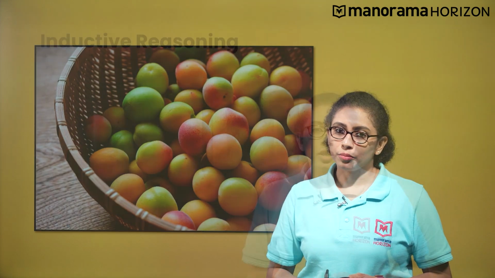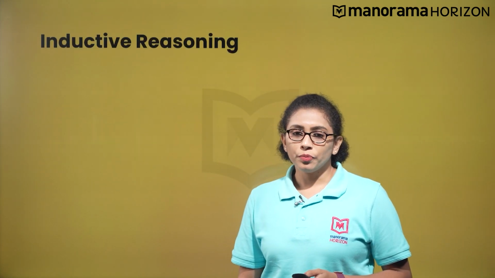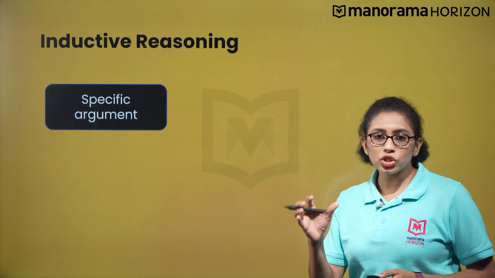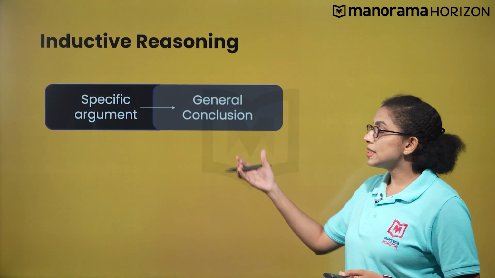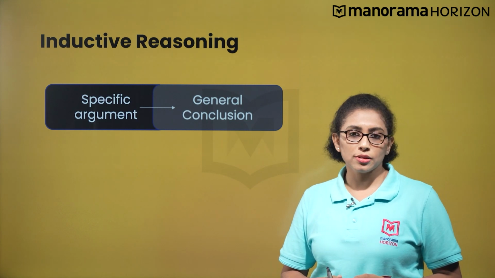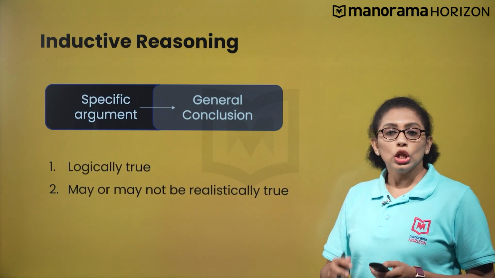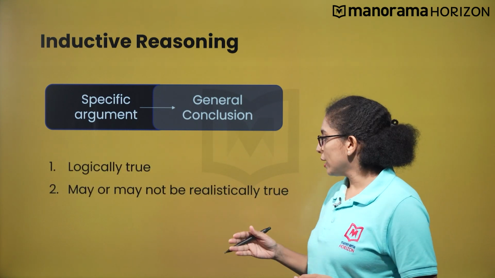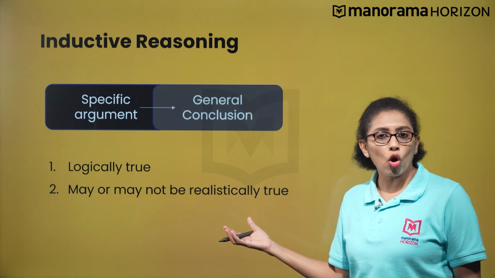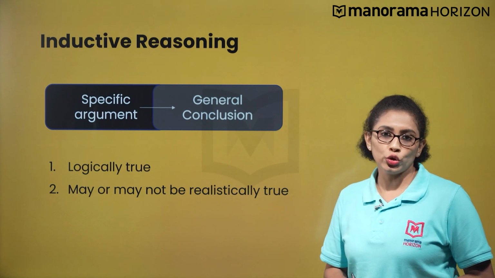This approach of reasoning from specific to general is called inductive reasoning. In inductive reasoning, a general conclusion is drawn from specific arguments. Inductive reasoning is logically true but may or may not be realistically true.